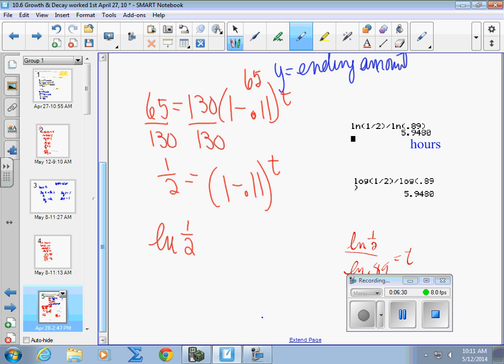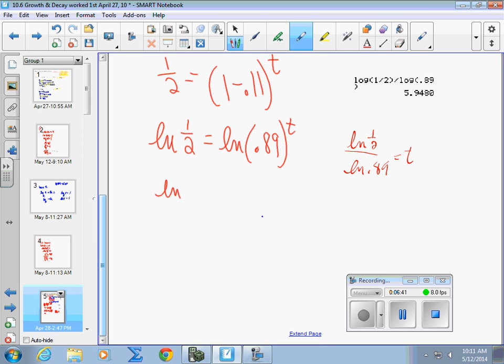So I have LN of 1/2 is equal to LN of decimal .89 raised to the t. I move t to the front of the logarithm. I get t times ln of decimal .89. Then I'll divide ln of 1/2 by ln of decimal .89 to get my answer.